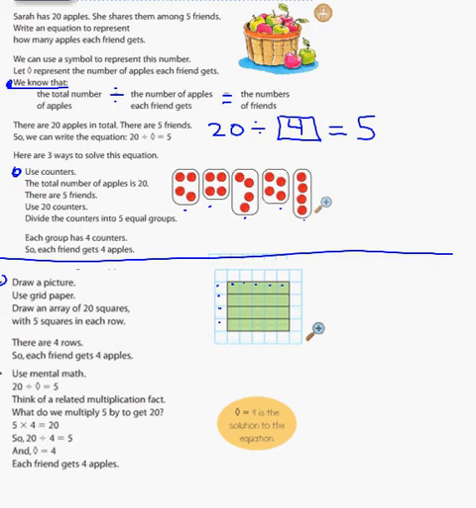So you can figure out how many rows there are. There's 5 in each row and there's 4 rows, so each friend will get 4 apples, right?